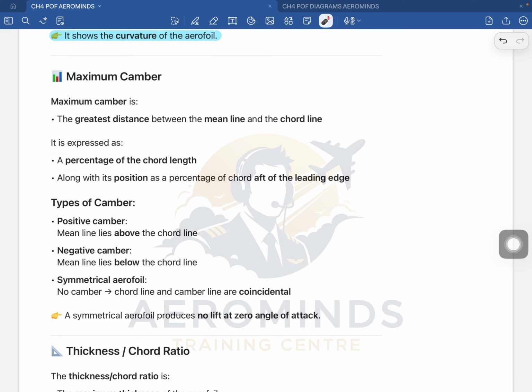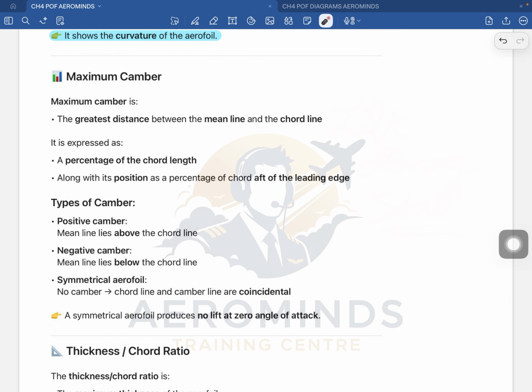Along with that, its position is also given as a percentage of chord aft of the leading edge, because it is always aft. That means we also specify how far from the leading edge this maximum camber is occurring. And it is important because the camber position will affect your lift, drag, and your stall behavior.